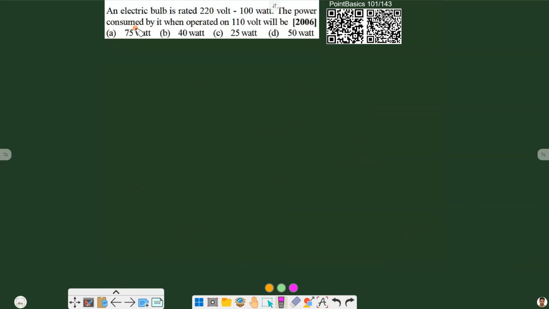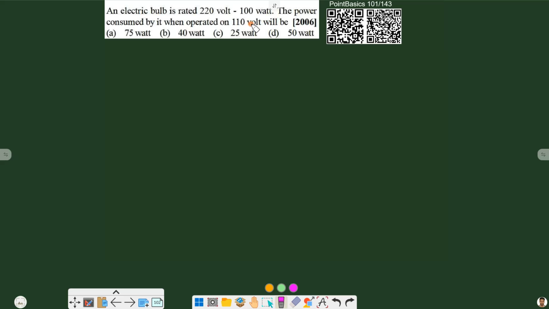An electric bulb is rated 100 watt at 220 volt. The power consumed by it when operated on 110 volt. Normally, whenever we are given some power of some appliance, some potential has to be given with it on which that power is calculated.